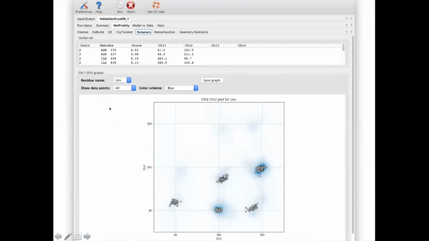And so some of the more interesting ones that also have already been mentioned are Ramachandran, and the GUI has chi1, chi2 plots, and that's great for some of the outliers. We're trying to develop ones where we can really show plots for the outer chi angles. But you can see in this case that the rotamers were being restrained pretty tightly.